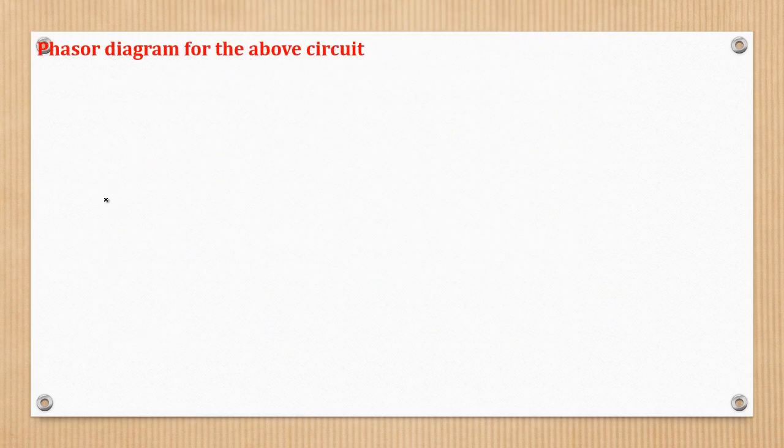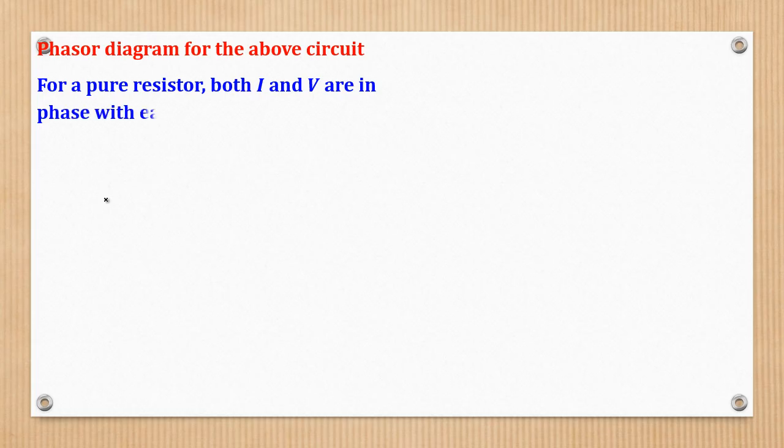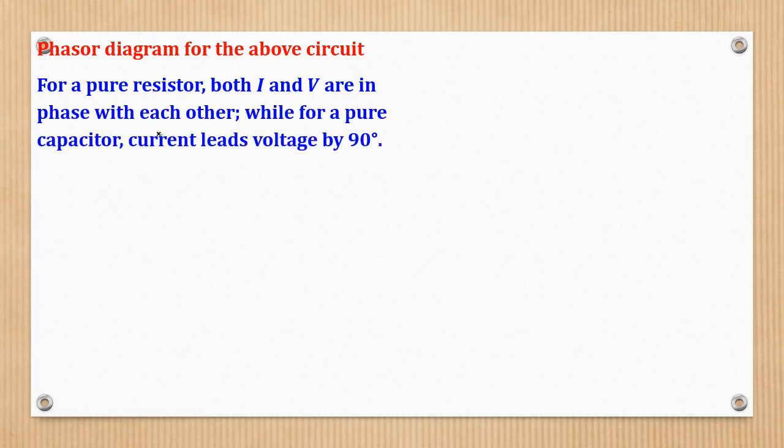So phasor diagram, like I told you, to get the resultant, you need to know the phasor diagram. In the previous video, we saw that for a pure resistor, both current and voltage are in phase. But when it comes to a pure capacitor, it is current which leads voltage. I want you to know the difference, because we have three components. One was a resistor where both current and voltage are in phase.